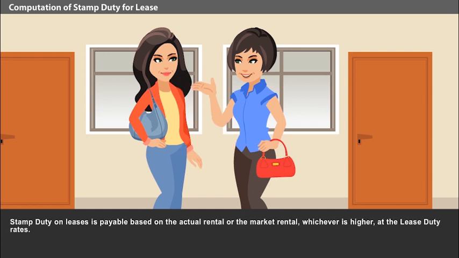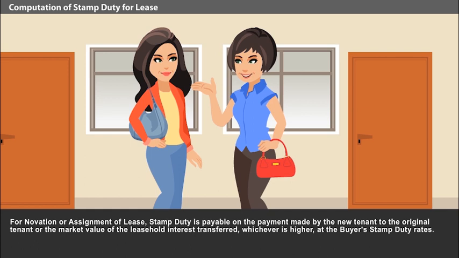Stamp duty on leases is payable based on the actual rental or the market rental, whichever is higher, at the lease duty rates. However, for surrender of lease, stamp duty is payable on the payment made by the landlord to the tenant. For novation or assignment of lease, stamp duty is payable on the payment made by the new tenant to the original tenant or the market value of the leasehold interest transferred, whichever is higher, at the buyer's stamp duty rates.